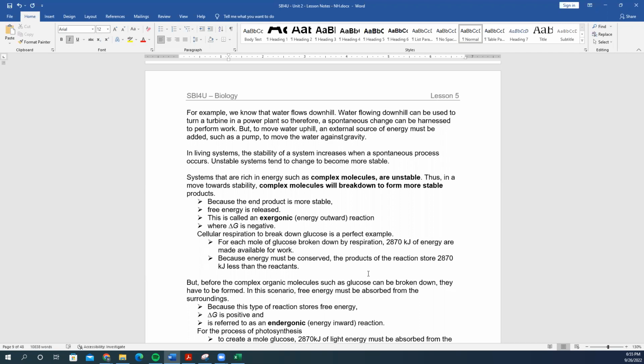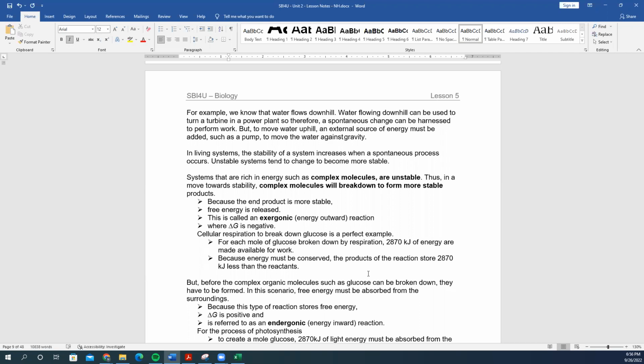So you will have complex molecules which have a tendency to break down into simpler molecules and form more stable, more simple products. Because you started with a reactant that was quite complex and not stable, and the end product is more stable, free energy is released as a result of this type of reaction.